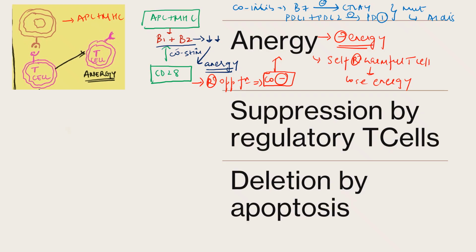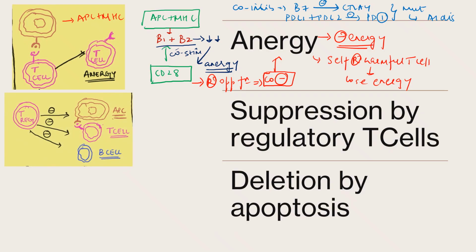The next is suppression by regulatory T cell. Now, like we saw in the previous slides, these regulatory T cells usually prevent immune reaction against self antigens. What do these regulatory T cells do? They prevent an immune reaction against the self antigen.